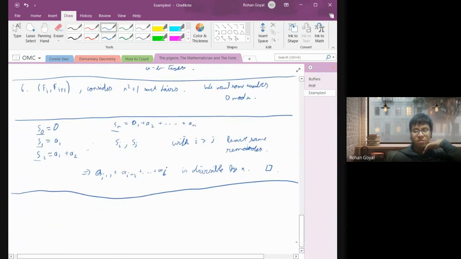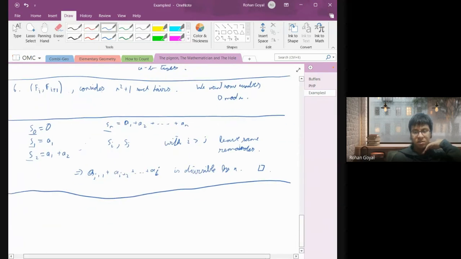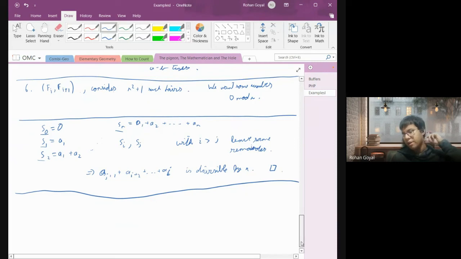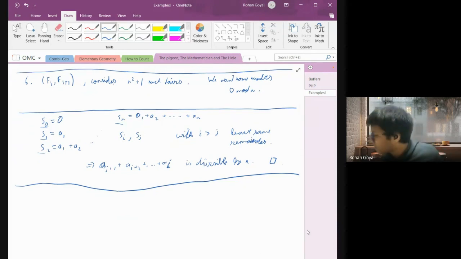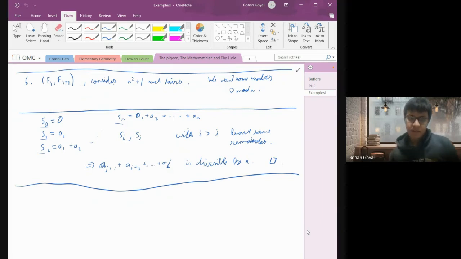Let us try the Fibonacci idea now. That is one last problem, and hopefully we'll have about half an hour and we can see something cool. Yeah, any ideas for the Fibonacci thing?